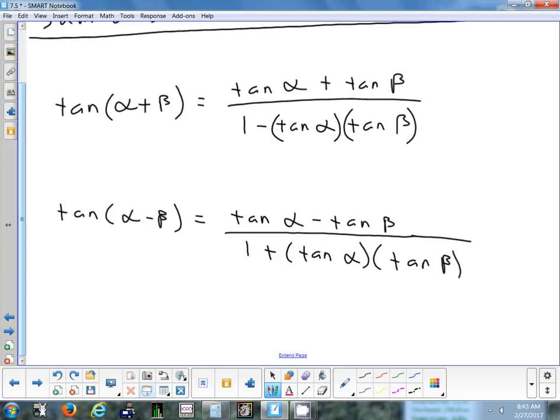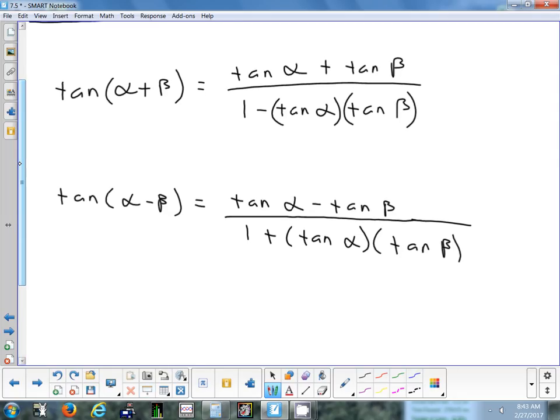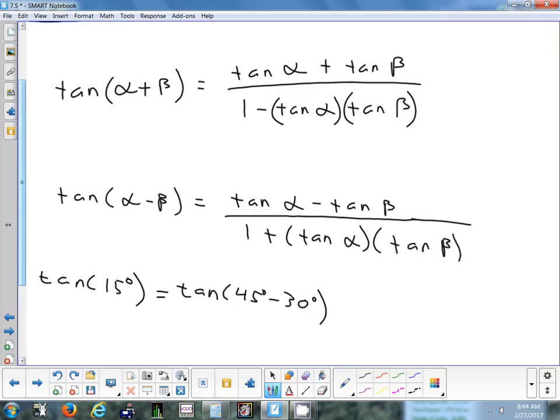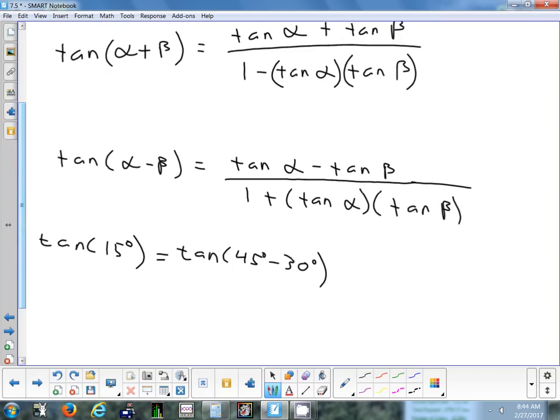So let's just try tangent 15. We've done the 15 one a lot, so we'll stick with that one. How do we write 15 again? So it's the tangent of 45 minus 30. All right, now let's look up our tangent of a difference and fill it in.